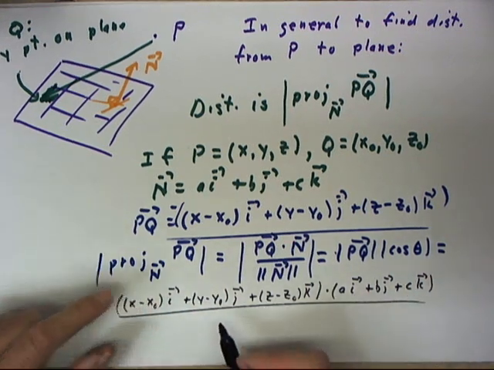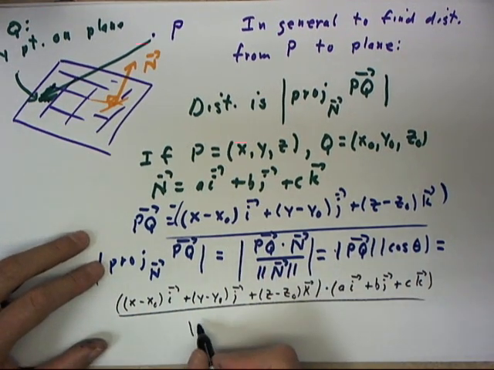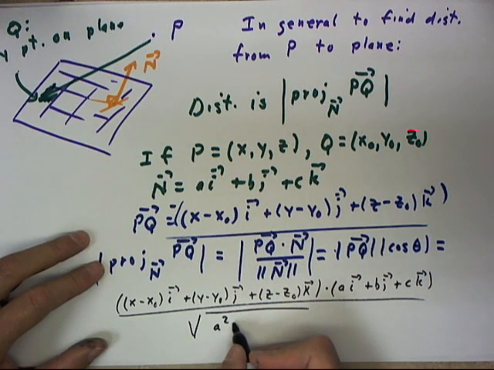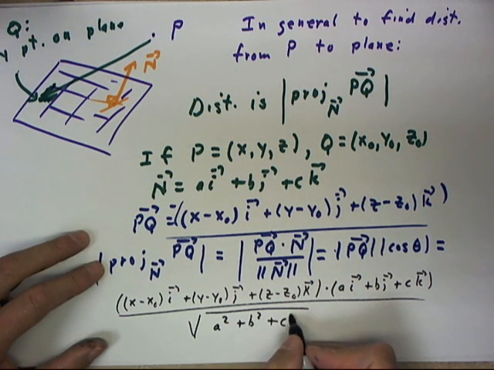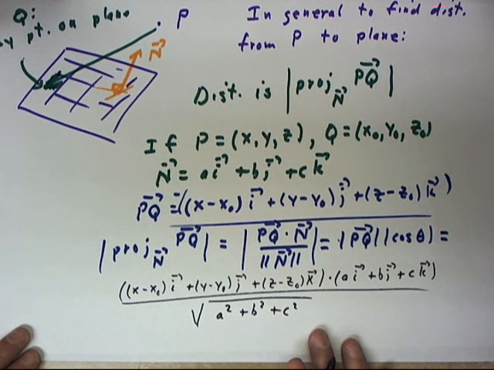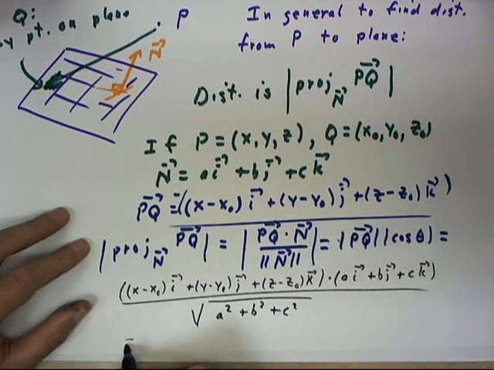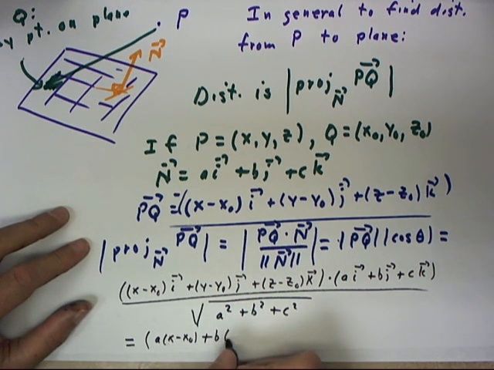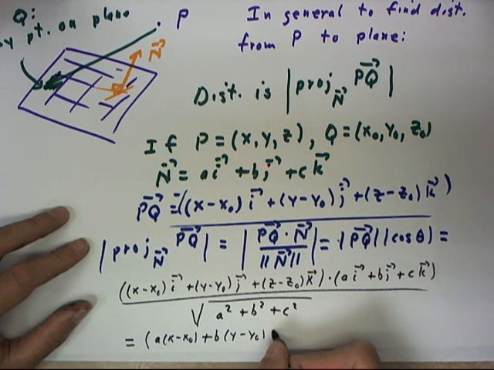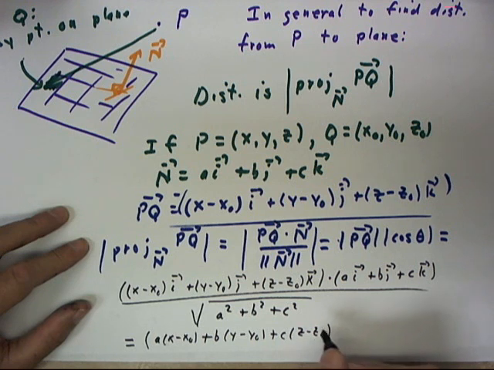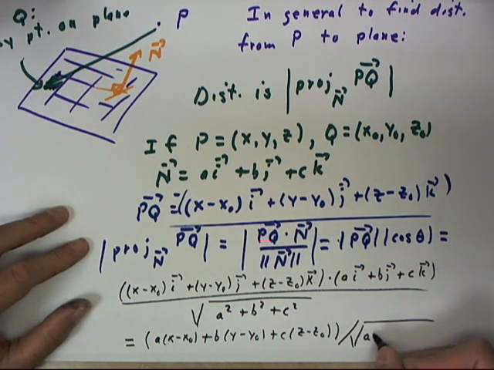So we dot the two vectors, divide by the magnitude of n, which is just the square root of a squared plus b squared plus c squared. Okay, and this then equals the quantity a times x minus x naught plus b times y minus y naught plus c times z minus z naught, that quantity divided by the square root of a squared plus b squared plus c squared.